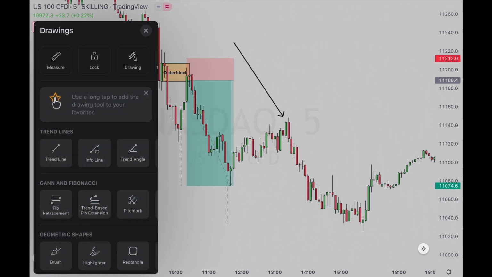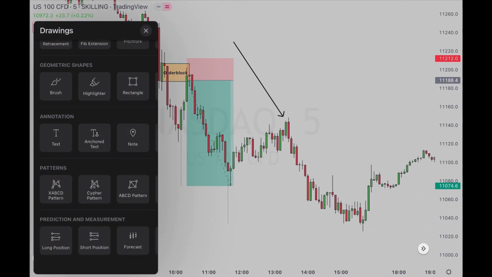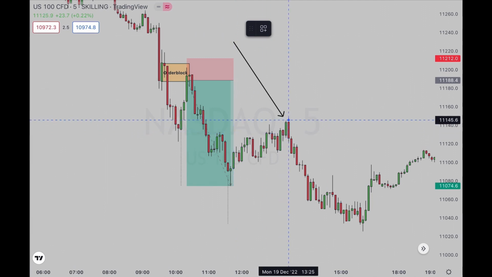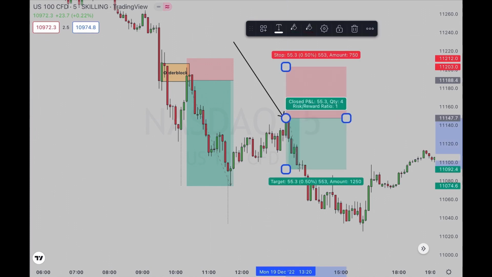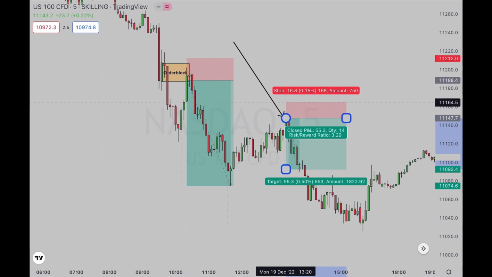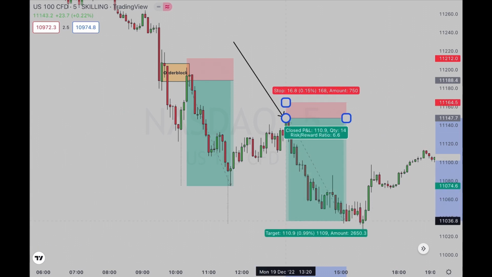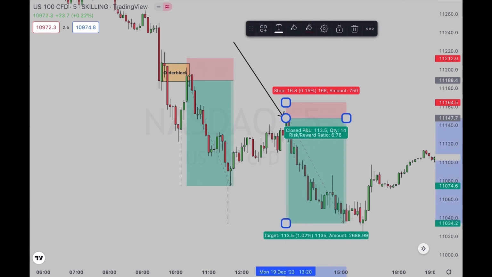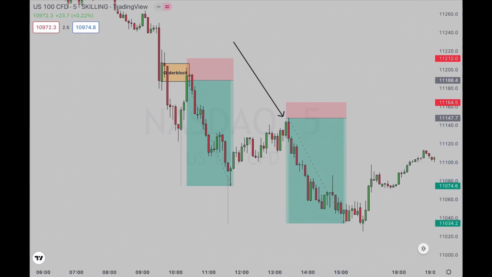See? So let's draw out another entry. As you can see, guys, it happened one after another. So entry at the order block, stop loss above the order block, take profit at the symmetrical swing low, which also worked out pinpoint perfectly.